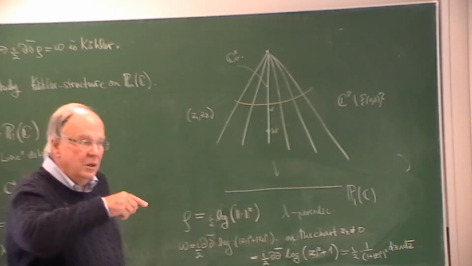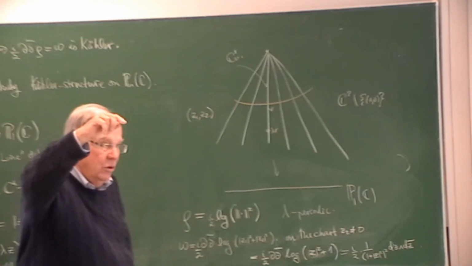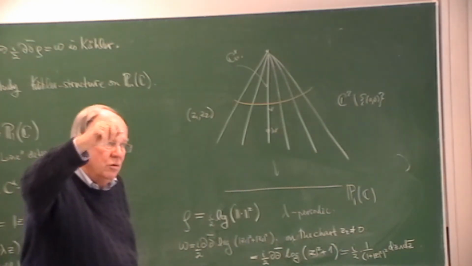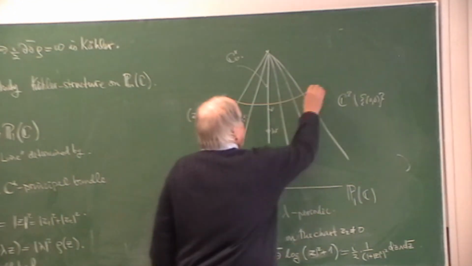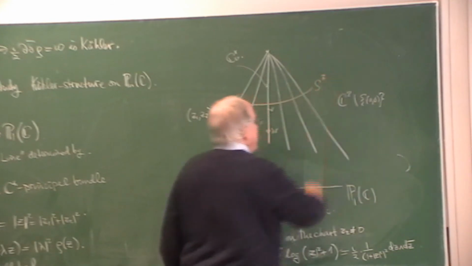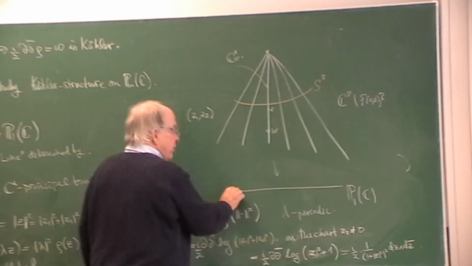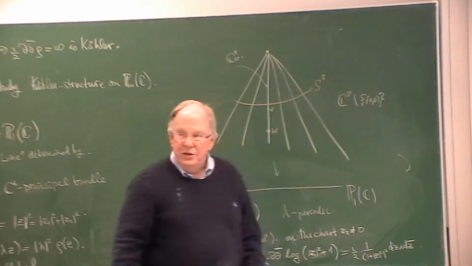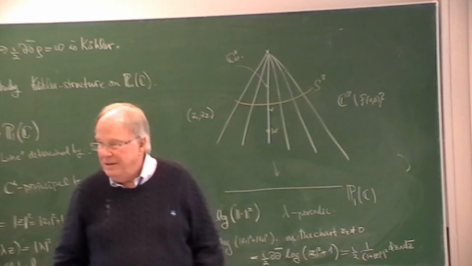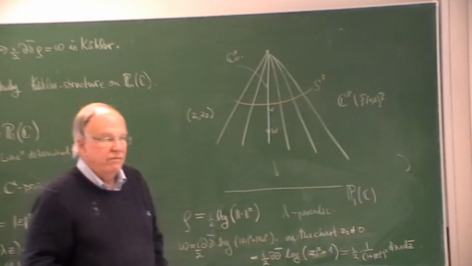That is a sphere upstairs, the 3-sphere in C2. This 3-sphere fibers over here as an S1 bundle. That's called a Hopf bundle. It's an interesting bundle: the 3-sphere fibers over the 2-sphere in the so-called Hopf bundle.